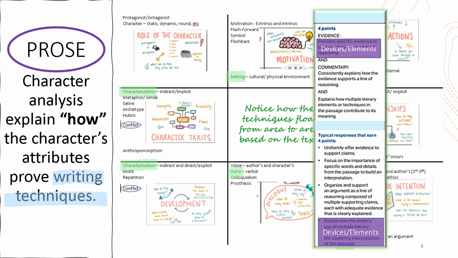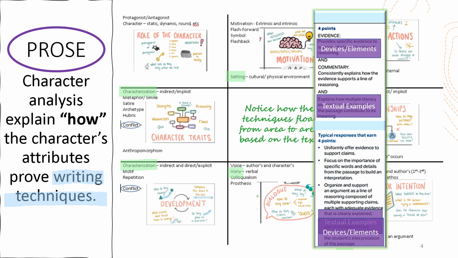This is because the presence of the devices or elements are actually cluing the reader to the fact that the writer is trying to convey a message. The textual evidence is proving or demonstrating the existence of the device. There should be at least 3 pieces of textual evidence for each device. So that means that for each individual paragraph that you have for your literary devices, there needs to be at least 3 examples that prove the existence of that device.